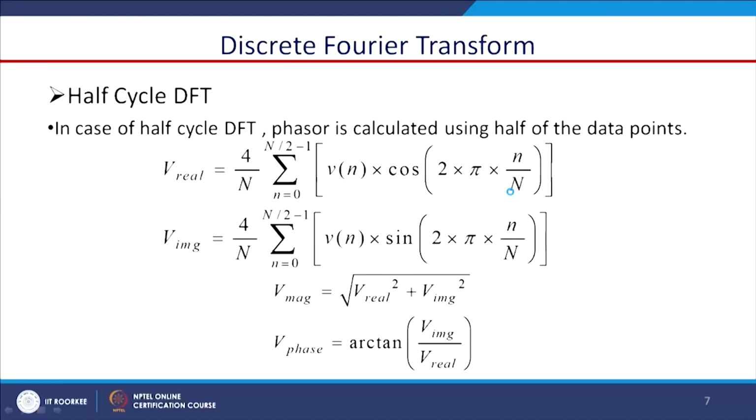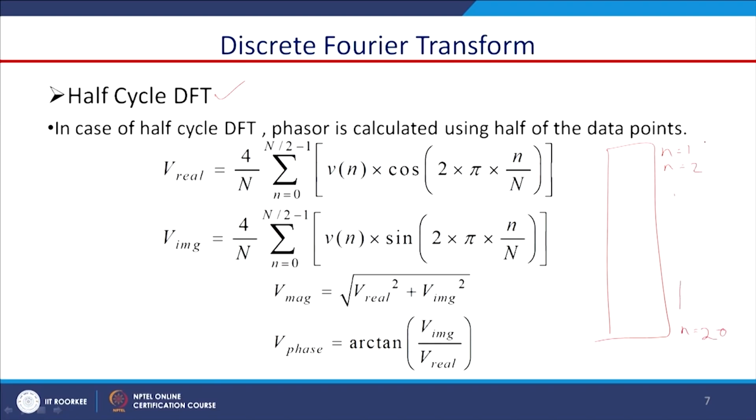Here we will go for half cycle DFT. In case of half cycle DFT, we basically go for half of the sample values. Let us say in a sample string we have 20 samples, n stands for 1, n stands for 2, up to n equal to 20.